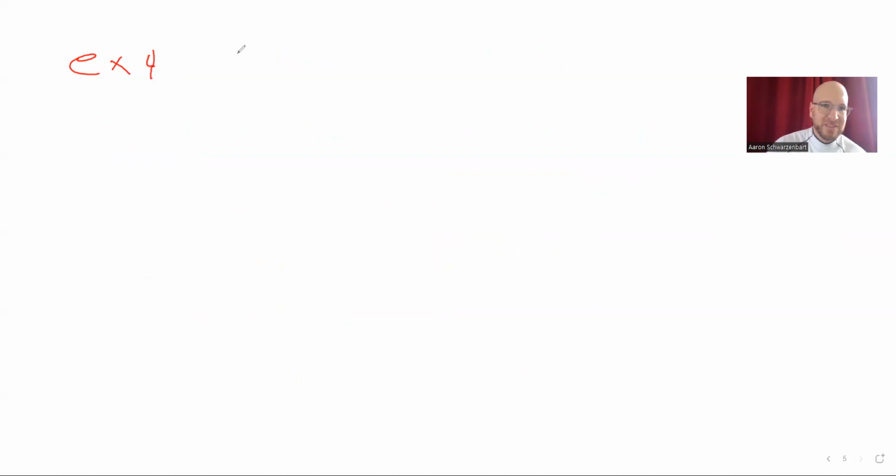Here we've got complex number 1, 2 square root of 2 times cosine of 135 degrees plus i sine 135.